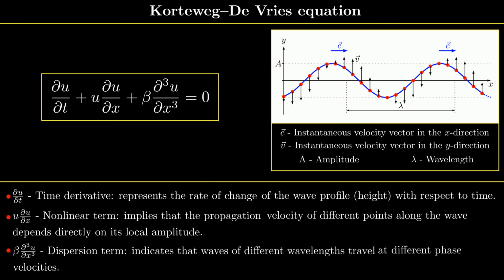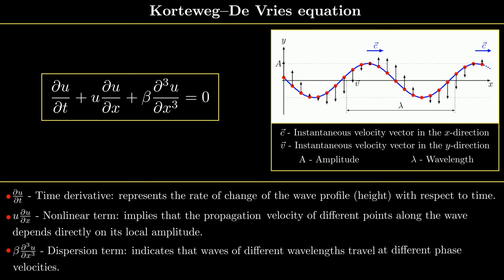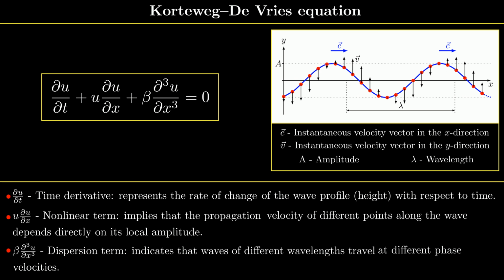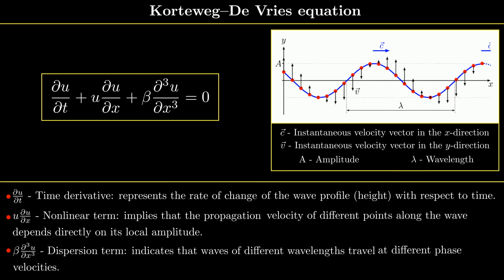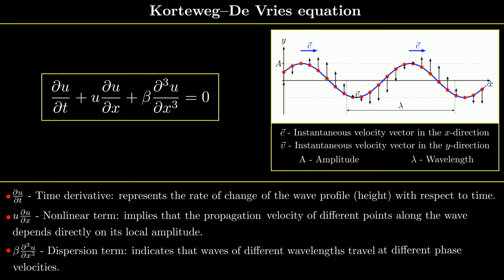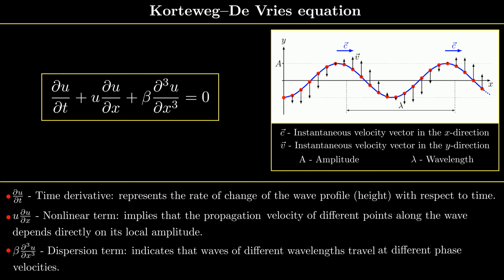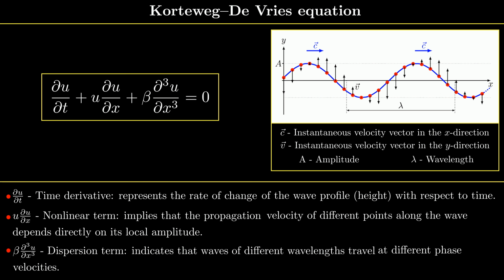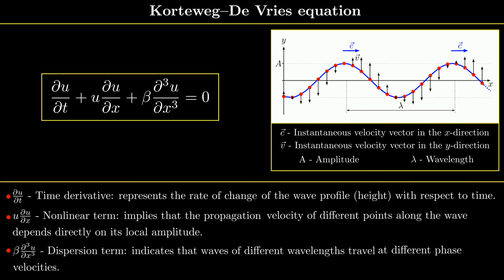Its presence leads to a dependence of the wave propagation velocity on its amplitude. Regions with a larger amplitude propagate faster than regions with a smaller amplitude. As a result, the wave profile experiences nonlinear steepening and tends toward local compression.